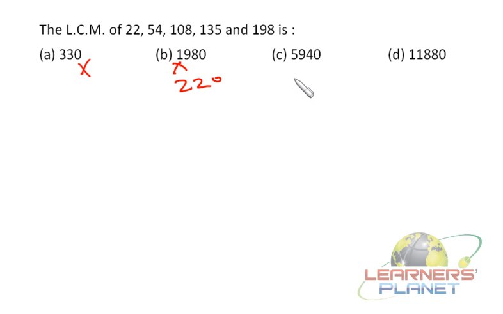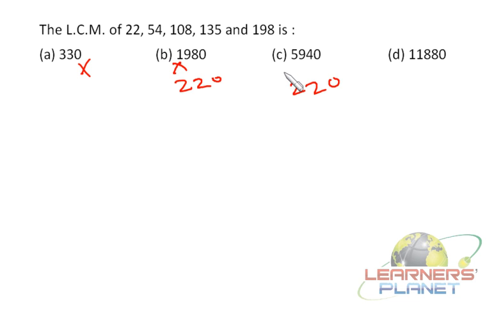Now let's see this number. Suppose I directly divide it by 27. That means 27 2s are 54, I am left with 5 and then 54. So 27 2s are 54. That means this number is divisible by 22, by 54 and then 108, since it is divisible by 4 and 27 both of them as well.